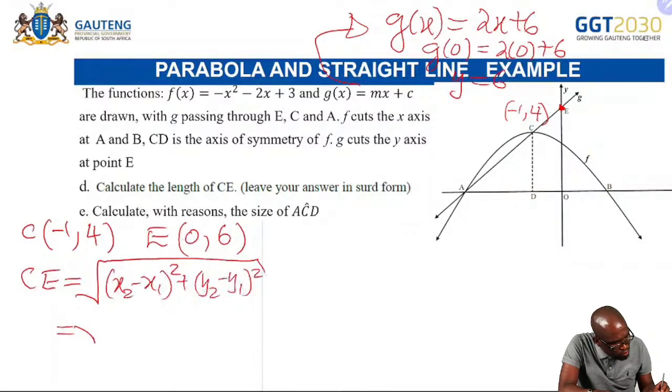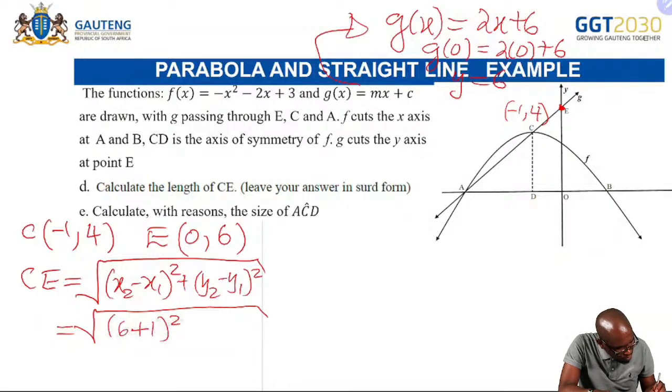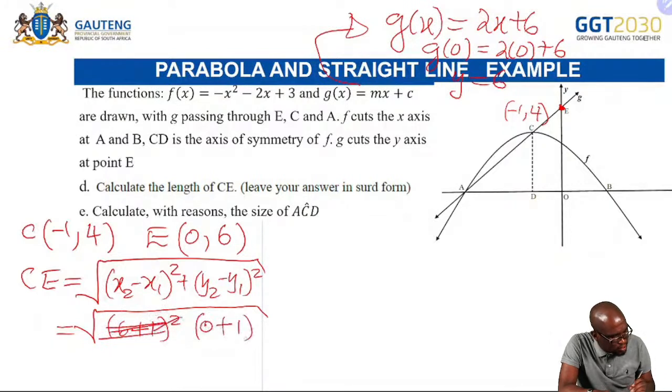So x2 minus x1, that would be 0 minus negative 1, 0 plus 1, and then plus y2 minus y1, that would be 6 minus 4, all squared.